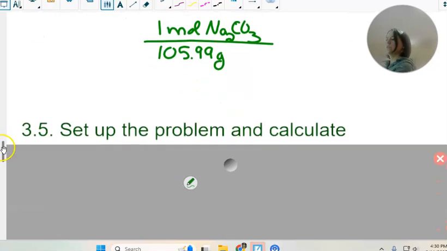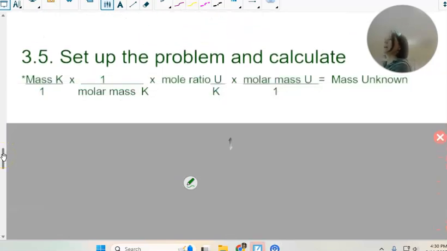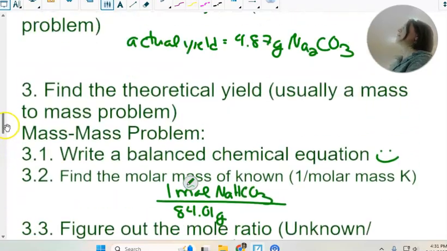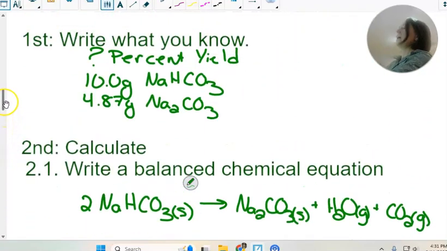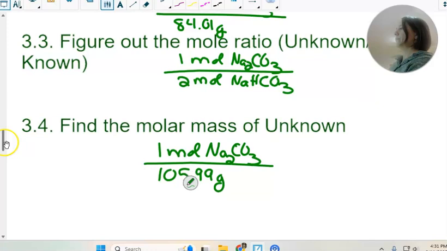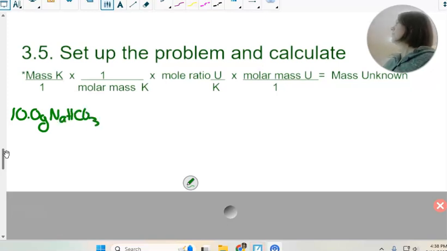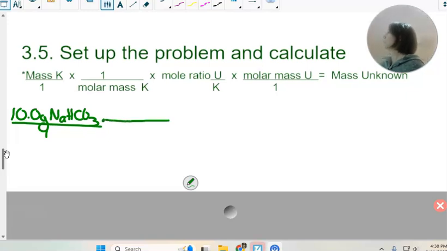Next thing we're going to do is set up the problem and calculate. So if you remember, for a mass-to-mass problem, we put our mass of our known, which we go all the way back up here, is 10 grams of sodium bicarbonate. Okay, so we're going to have 10 grams of sodium bicarbonate, and we're going to put our original quantity over 1 times our molar mass.